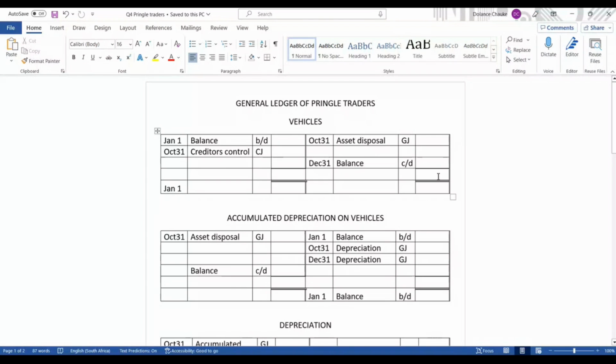Yes, that's where we're going to work. Right? Are we fine? I just want everyone to be able to see the question while I'm doing it.